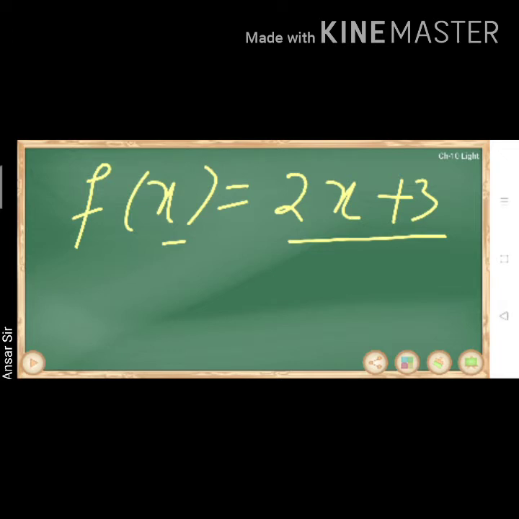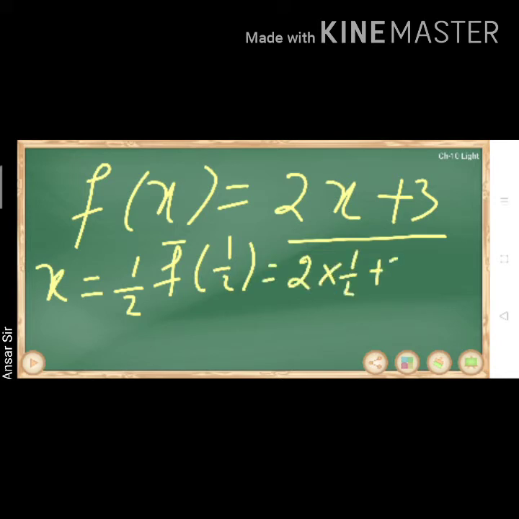Let x be 1 by 2. Then f of 1 by 2 becomes 2 into 1 by 2 plus 3, which equals 4. So this is not a zero of the polynomial.